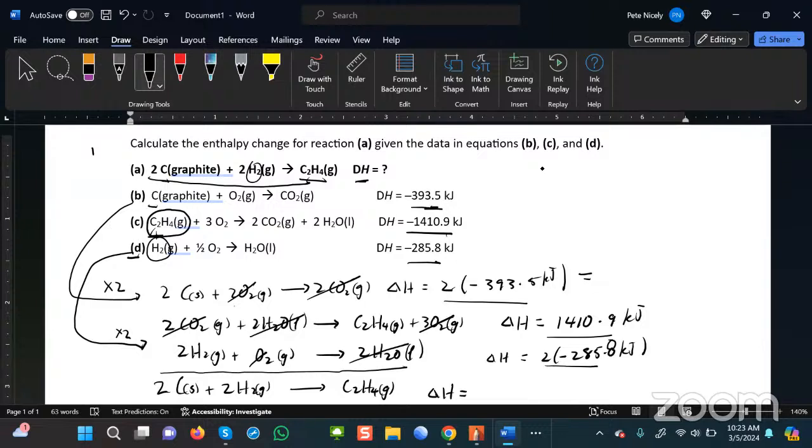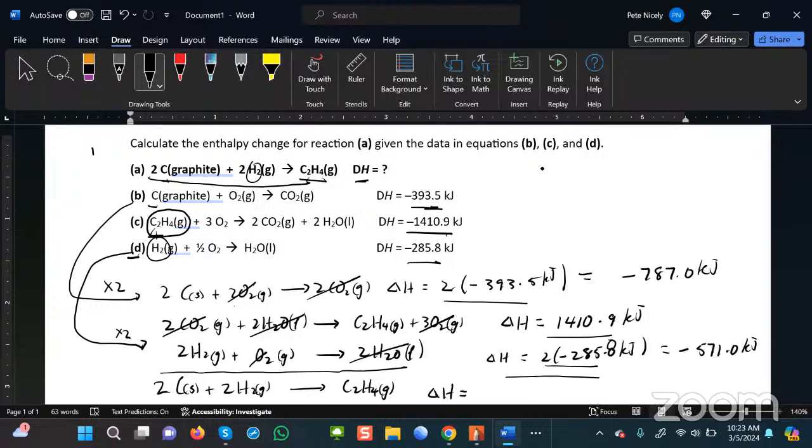So 2 times 393.5, okay, so this gives minus 787.0 kilojoules. And then this part here would give you 285.8 minus times 2. This gives minus 571.0 kilojoules.